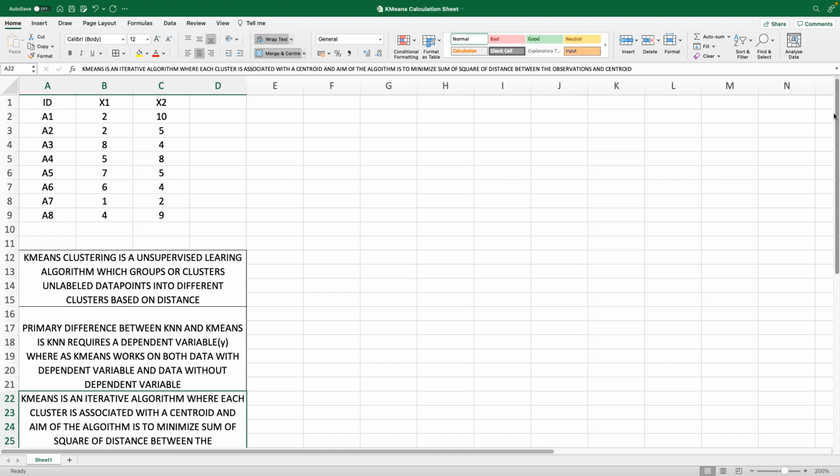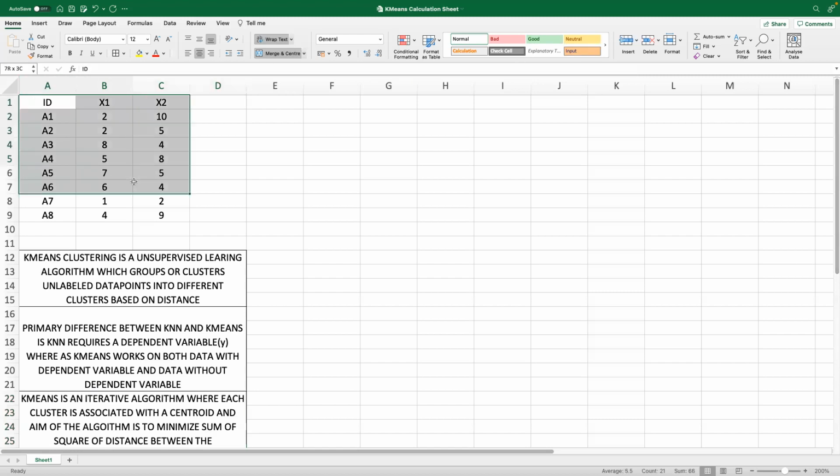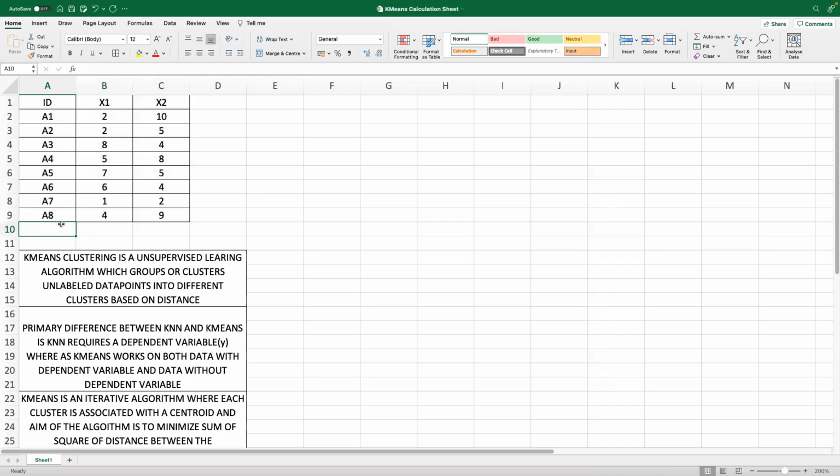Now let us do this calculation mathematically to understand the algorithm. For this data, we will randomly assume K is equal to 3.